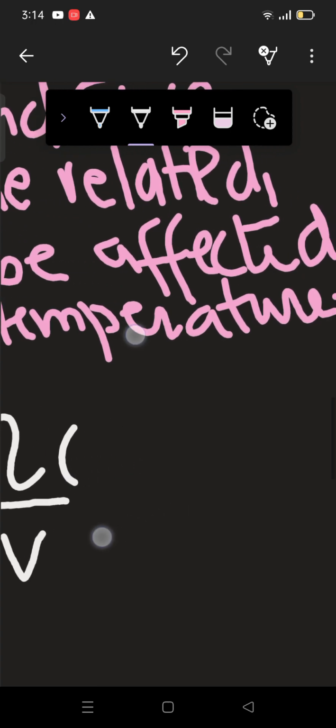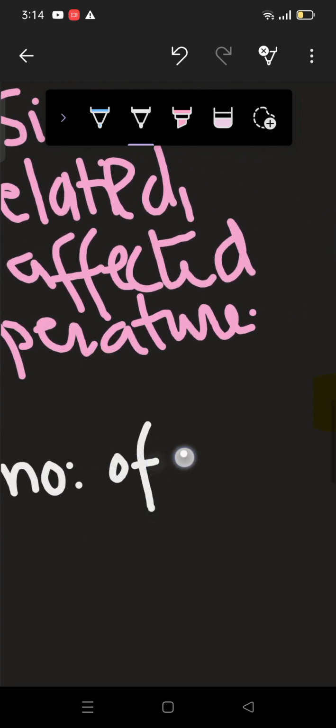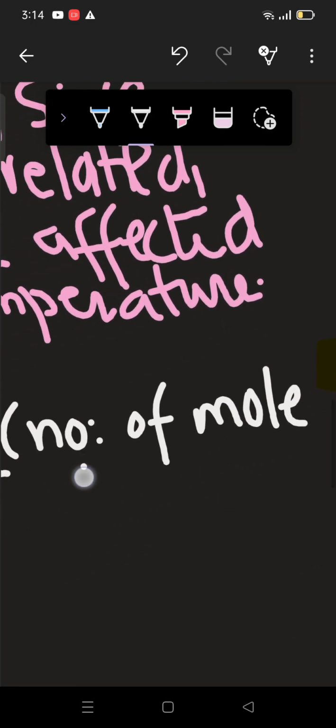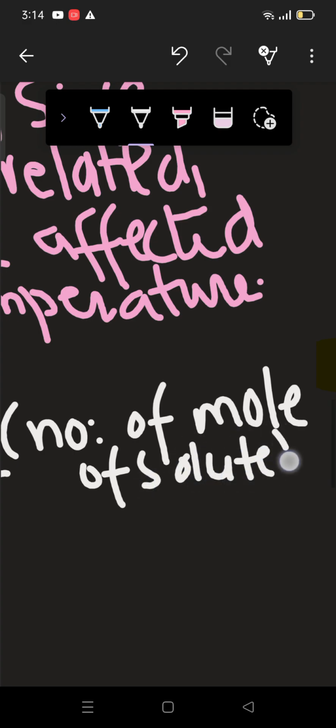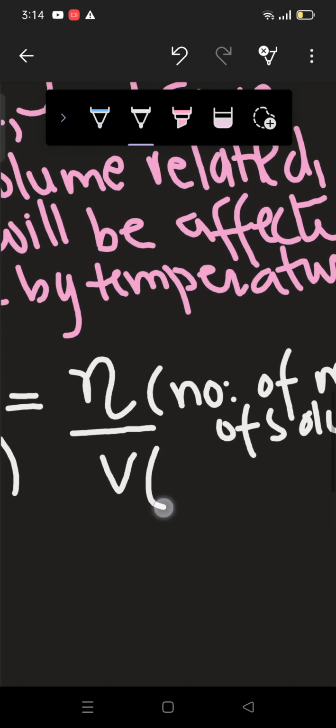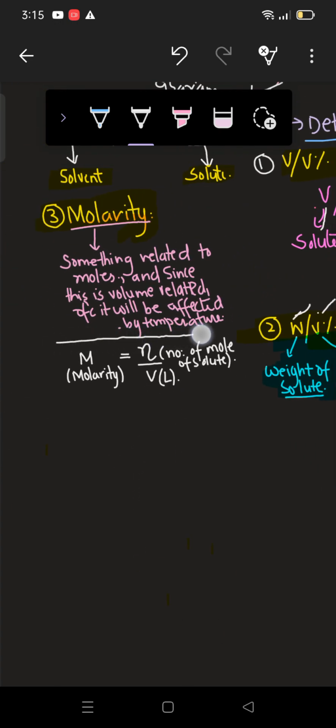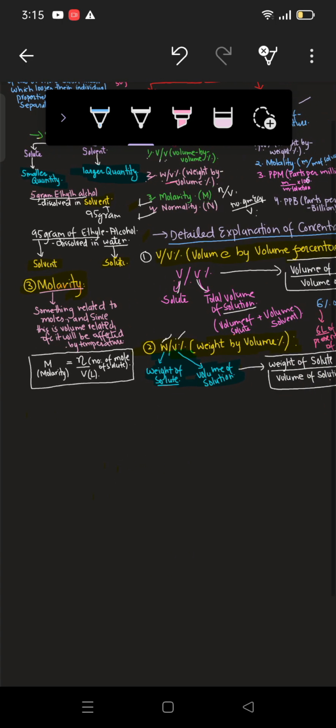Number of moles of solute, this you need to remember, per unit volume in liters is what we call the molarity. So number of moles per unit volume of the solution.